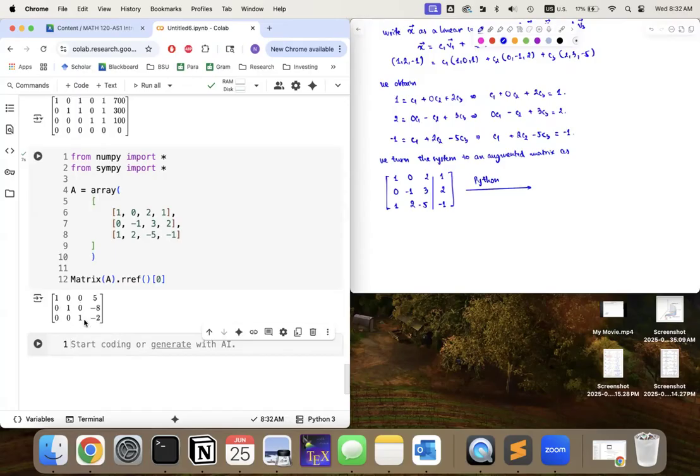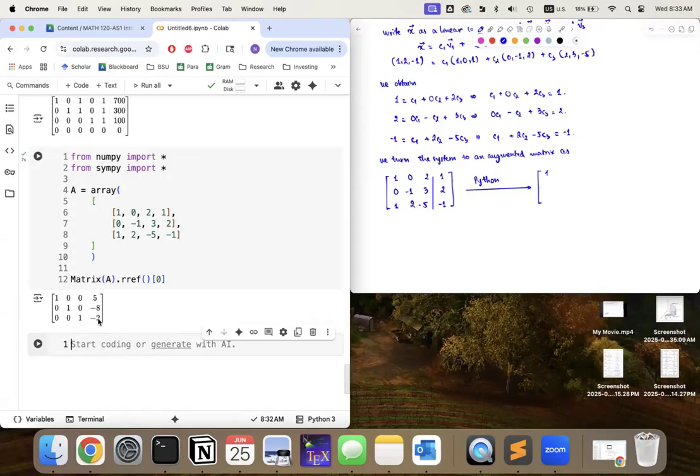So here's the reduced row echelon form. It indicates that c1 is equal to 5, c2 is equal to -8, and c3 is equal to -2. On the right-hand screen, you're going to see me writing the reduced row echelon form matrix.